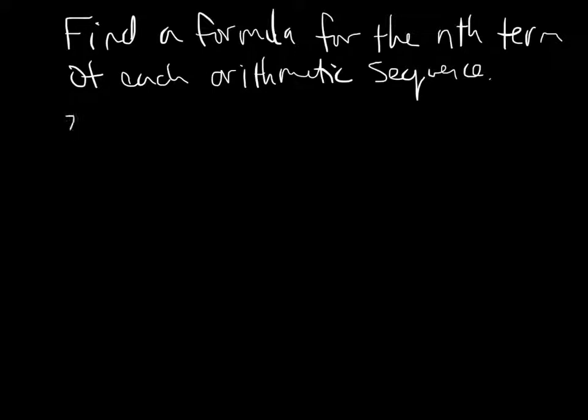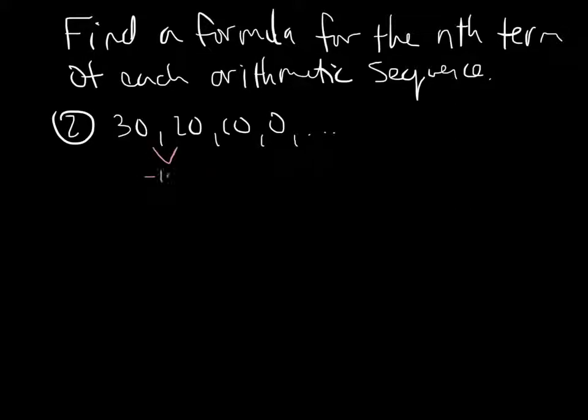So the first one, number 2, is 30, 20, 10, 0, and so on. We first realize we're subtracting 10 each time, so d is equal to negative 10. And if d is equal to negative 10, then t sub 1 is equal to 30.